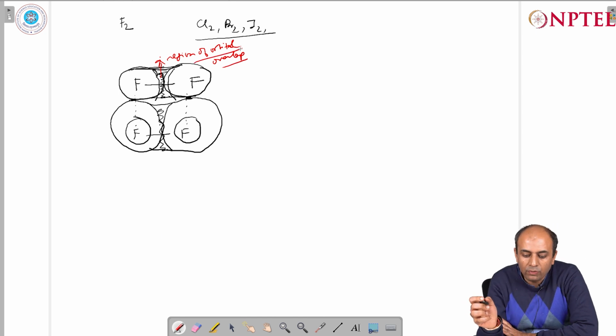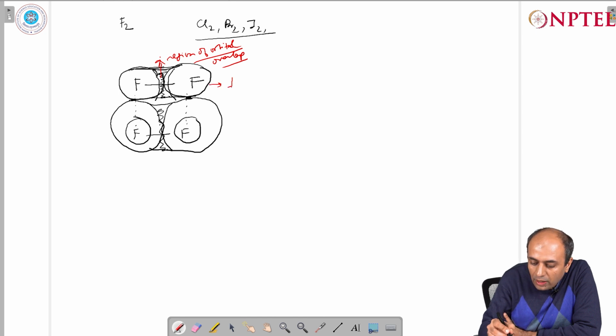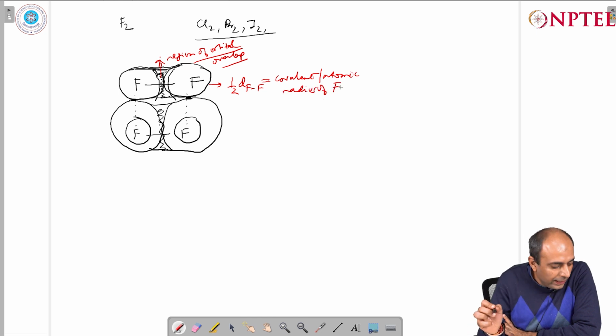This is the region of orbital overlap, where the two fluorine atoms extensively covalently bond with each other, and there is some amount of electron density which is being shared between the two fluorine atoms. Because both the atoms are similar, this region is present exactly at the center of the covalent bond, and half of the separation between the two fluorine atoms in this bond will give you the covalent or the atomic radius of the fluorine atom.